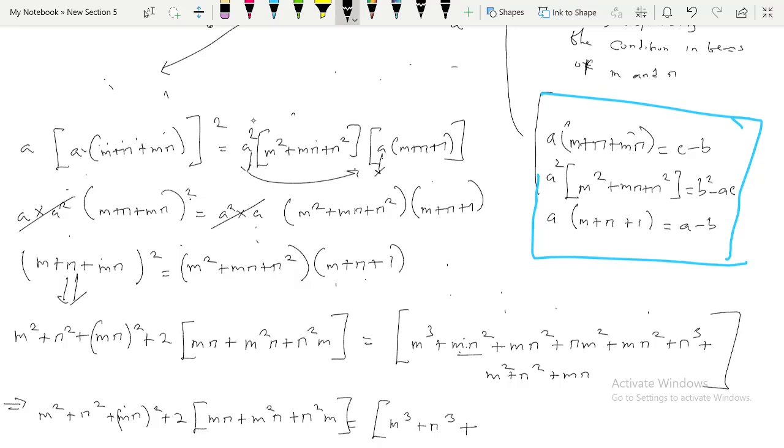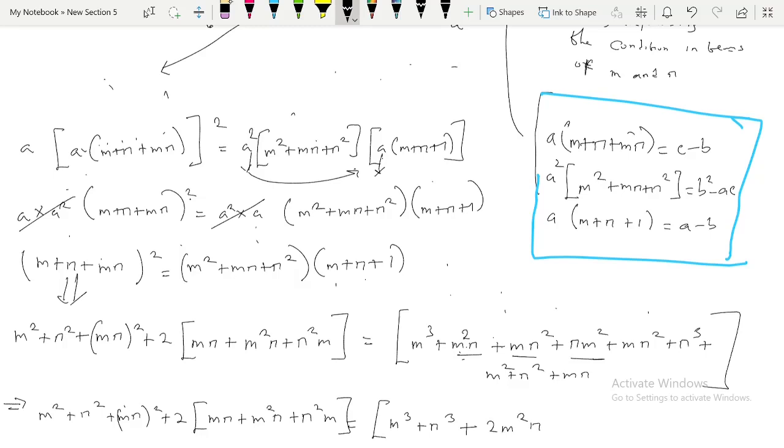This is mn square. Okay, let's see. Okay, it should be m square n rather. This is m square n. So m square n plus nm square, these two go together. So this is plus 2m square n. They are the same.